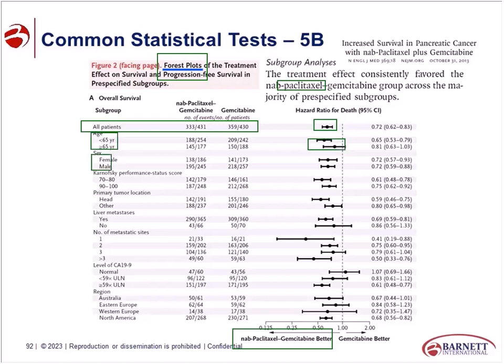Something to keep in the back of your mind when you're working with statisticians or clinical trials: ask, can you do a forest plot for me? I want to graphically display my results by these different subgroups because I want to know whether my intervention is effective in all these subgroups, or did it work better in some subgroups than in others? By subgroups I mean, did my intervention work better in some individuals than in other individuals?